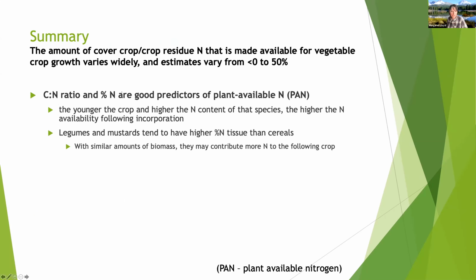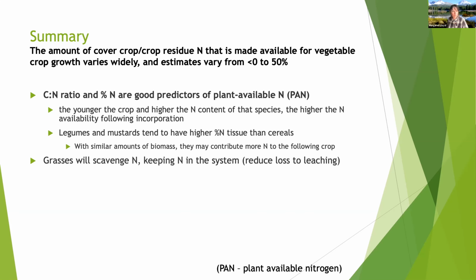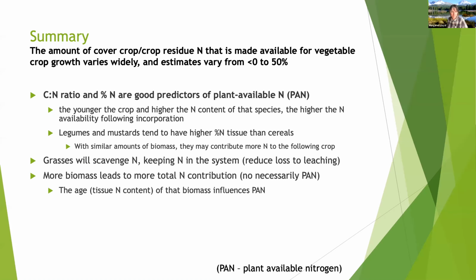So the C to N ratio and the tissue N content are good predictors of this plant available N. The younger the crops, the higher the N content of that species, the higher the availability following incorporation. And the legumes and mustards are going to have a higher tissue N content than cereals. The grasses will scavenge N, keeping N in the system, reducing that loss from leaching.